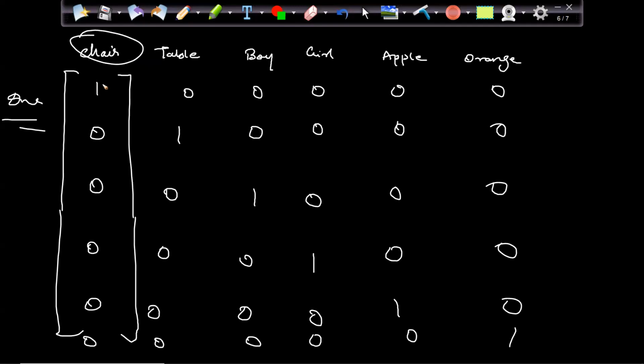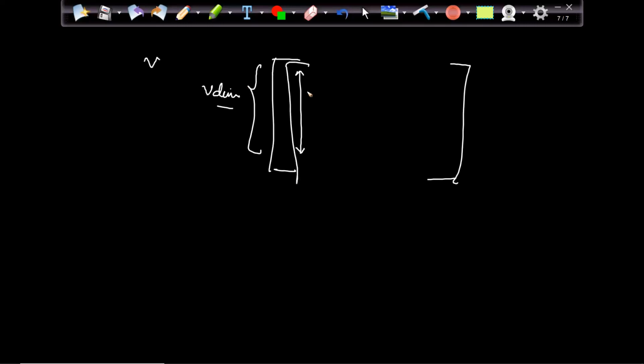If you see in this example, how many words do I have? 1, 2, 3, 4, 5, 6. So 6 dimensions I have for every word. So if I have v words, this will be v dimensions. Okay, that is, first of all, what I will do.